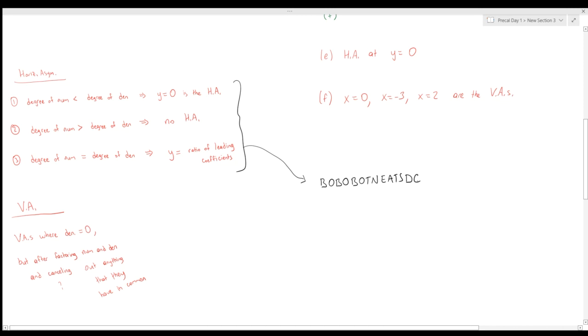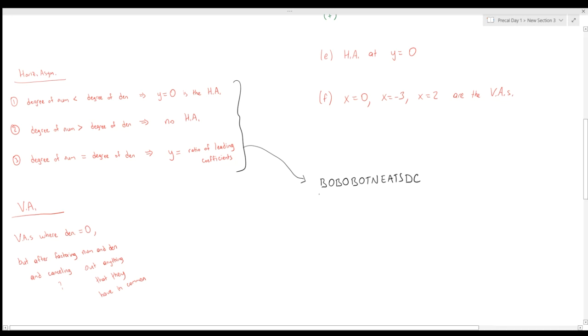I don't know if you guys ever saw this before. Does this look familiar to anyone? It's Bobo, Bottom, EATS, DC. Okay, well, this is a mnemonic for remembering how the horizontal asymptotes work.